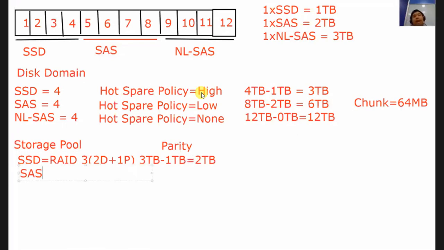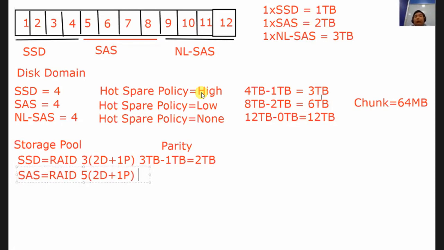The same thing happens if you want to select SAS. Then they'll ask you, in SAS, what type of RAID you want to run. You can run a different RAID. I want to run a RAID 5 on this one. Same thing, 2 disk plus 1 parity. So I need to form 3 virtual RAID disks itself.